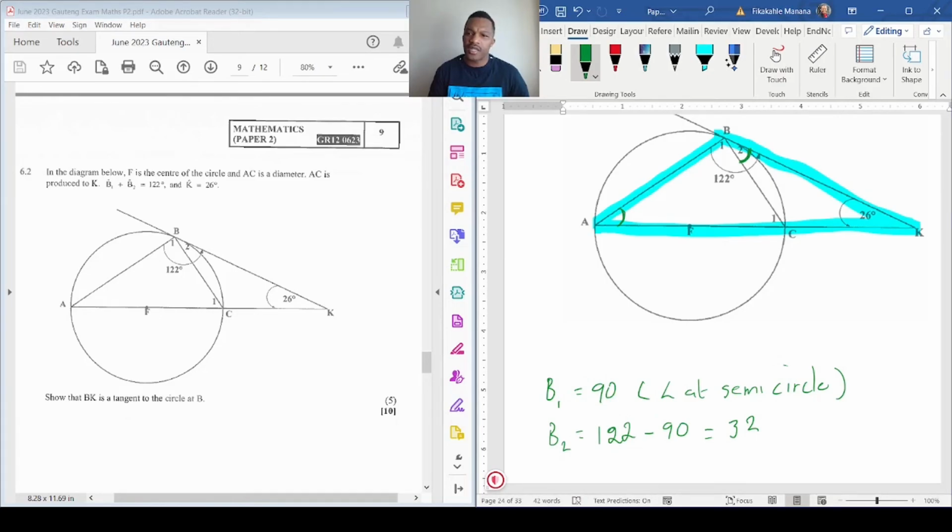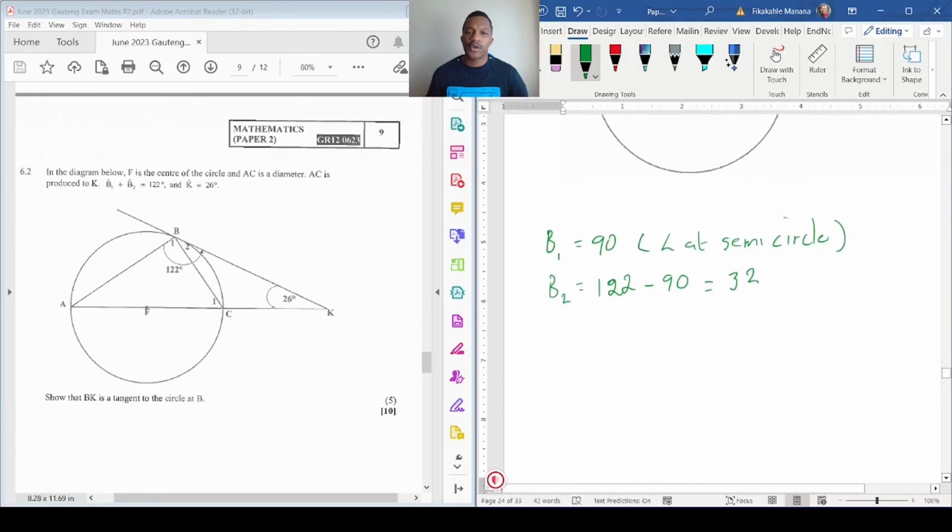We need to solve the angle of A. So this is a full triangle, and we know angles in a triangle. So the statement is A plus ABK plus K is equal to 180. And the reason for that, sum of angles in a triangle.